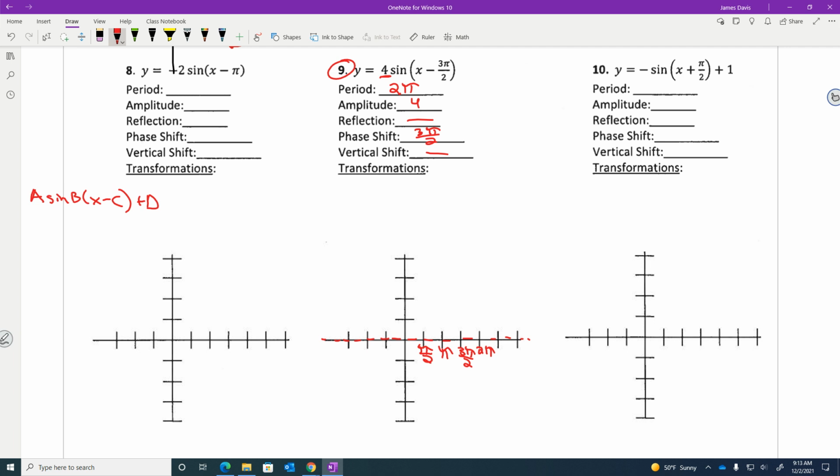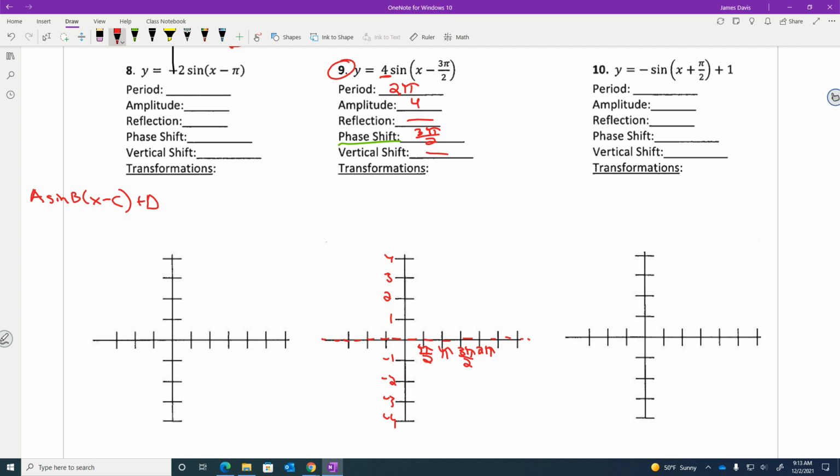Now, when we plot our points, though, we have this phase shift here. We also have to consider the amplitude. So we know we're going to go up to 4, right, for the amplitude. So I should just go ahead and label 1, 2, 3, 4. So we know we're going to go up to 4 eventually.